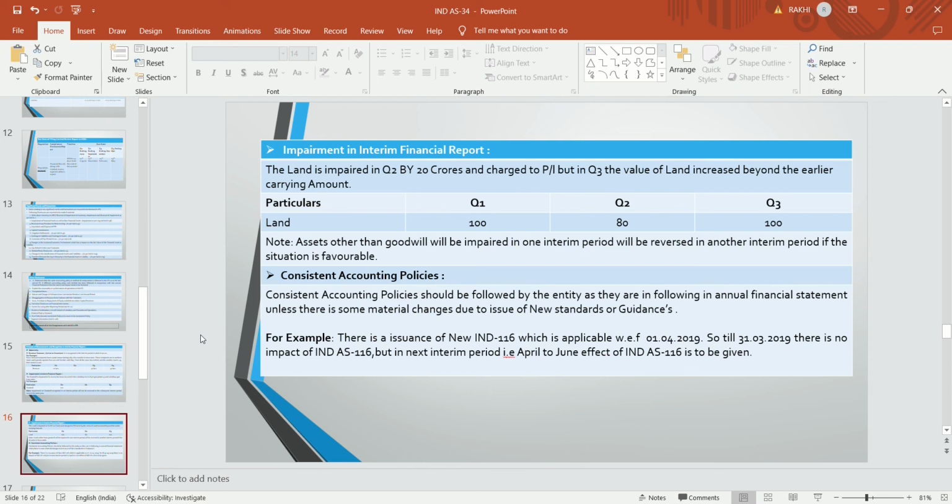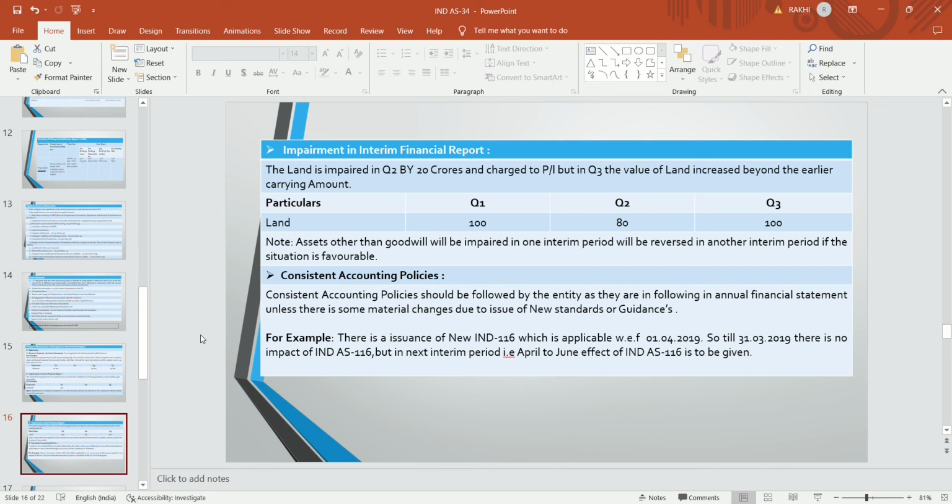Suppose there is an issuance of a new standard, Ind AS 116, which is applicable with effect from 1st April 2019. So till 31st March 2019 there is no impact of Ind AS 116 because it is effective from 1st April 2019.